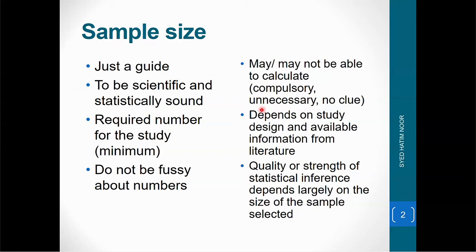So you don't have any clue to calculate sample size. If like that, there's a guide on how many samples you need to take. Sometimes cell line study, those who are working in the lab, involving the cell line, the plate, maybe there's no clue to calculate sample size.